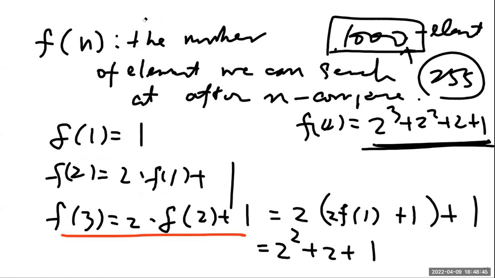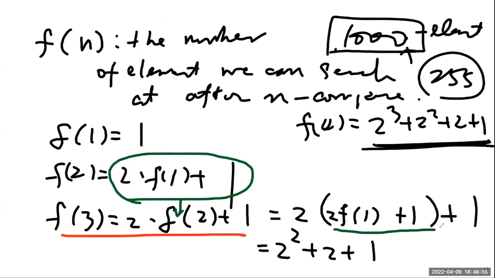Now we put 2F1 plus 1 into F2, and F1 is 1, so it becomes this. Makes sense? So F4 will be this one, and it's actually 2 to the power 4 minus 1.